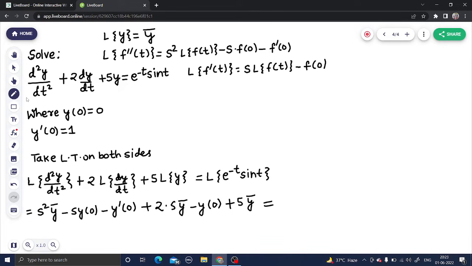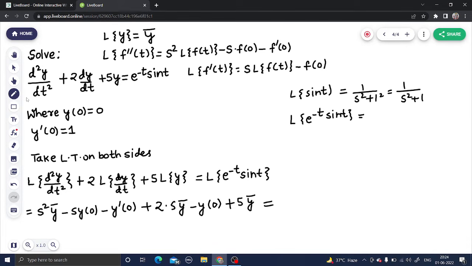So first shift we will use. First of all we will find Laplace of sin t, which is sin at. Laplace of sin at is a divided by s square plus a square. Now because we are multiplying by e power minus t, so if we multiply by e power at, what happens?